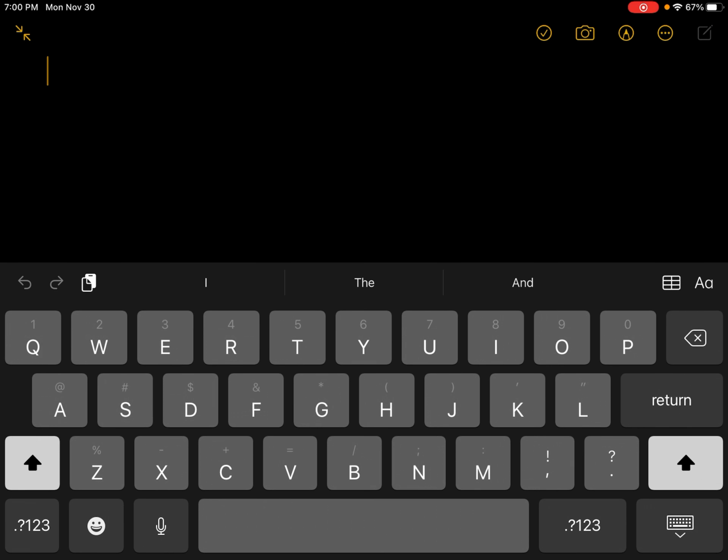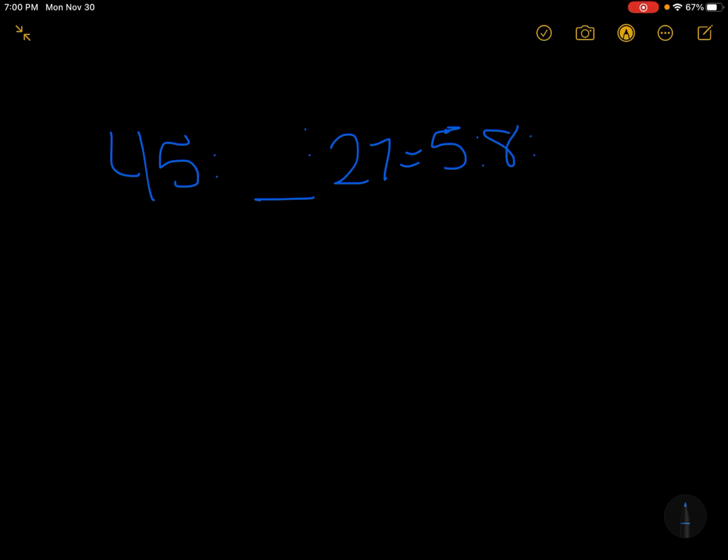Let's go ahead and look at another one, just so that we can understand that a little bit better. Let's look at the ratio 45 to blank to 27, and we are comparing that to 5, 8, and blank. Again, we can look at our first groups.